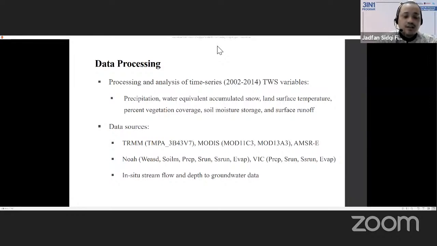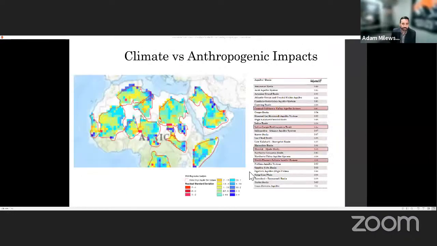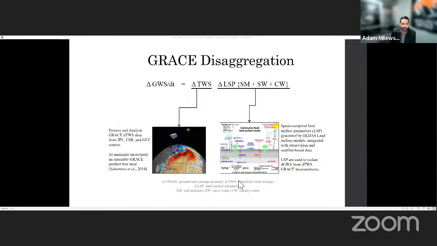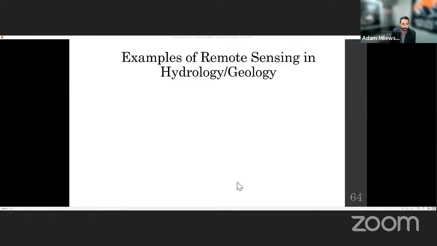Is it possible to predict, or can we see the difference between before and after land subsidence? Yeah, so I had one slide about it yesterday, and perhaps I can talk a little bit more about it.